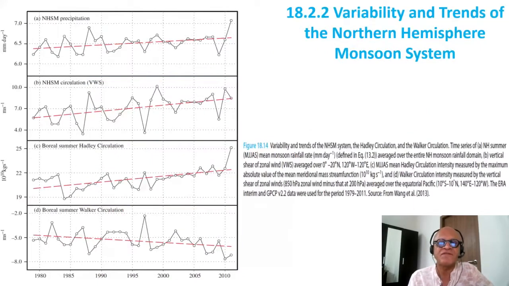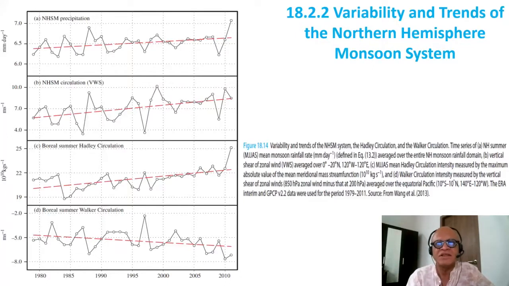So if we look at the variability and trends of the northern hemisphere monsoon system, you can see the variability and trends of the NHSM system, the Hadley circulation and the Walker circulation. If you increase the monsoon circulation, then you expect an impact on the Walker cell as well as the Hadley cell.